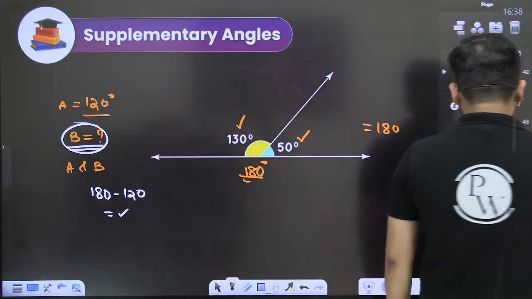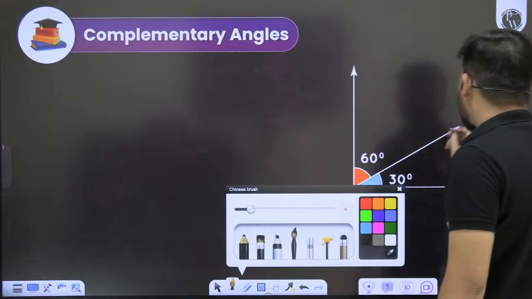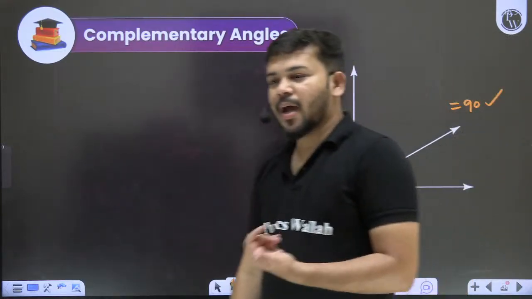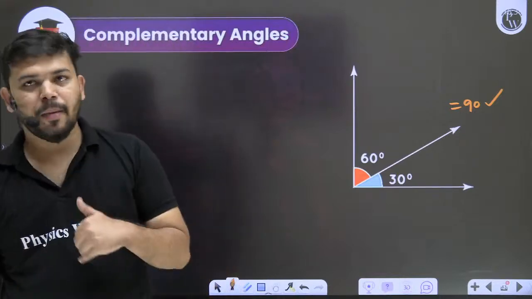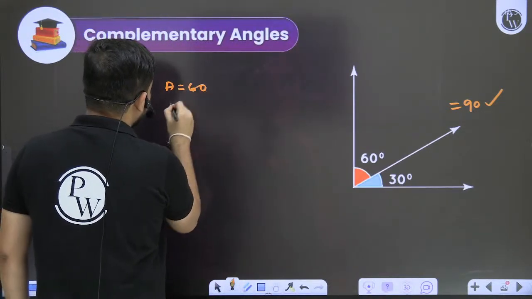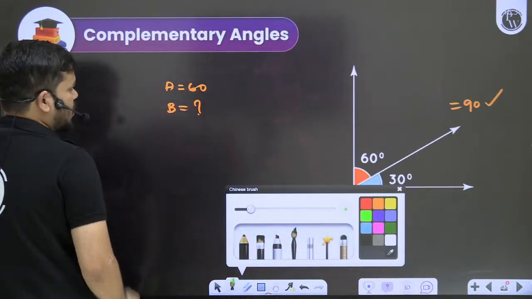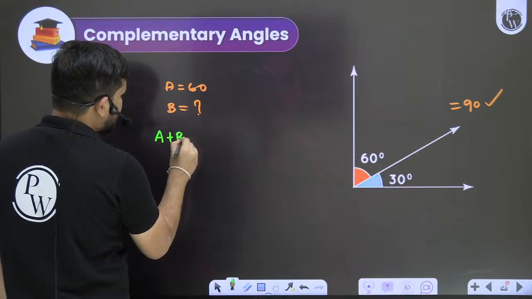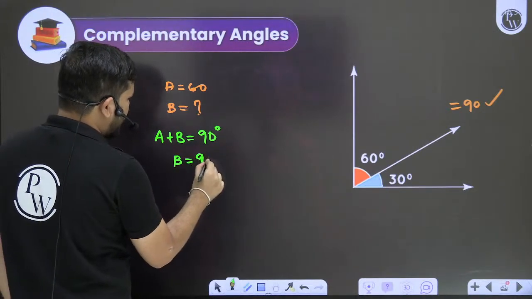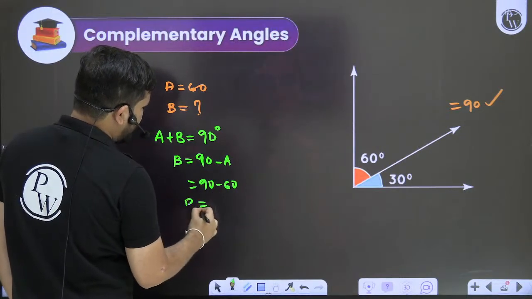Done. Chalo, next, complementary angle. Complementary angle means after adding the two angles, if the summation is equal to 90, then it is a complementary angle. Supplement means 180 and complement means 90 degrees. Suppose angle A is equal to 60 degrees, and I need to calculate the value of angle B. Angle A and B are complementary to each other, so A plus B will be 90. Then B will be 90 minus A, so 90 minus 60, B will be equal to 30 degrees.